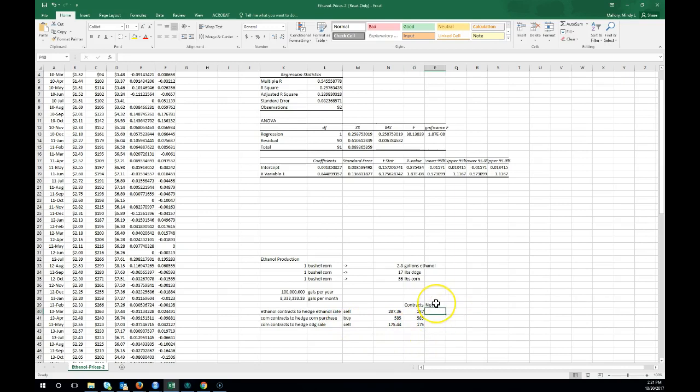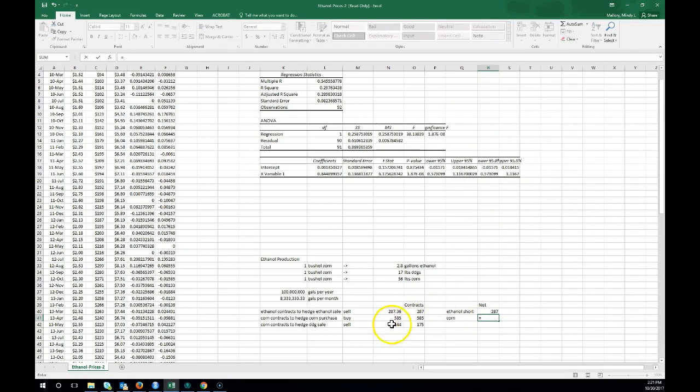So on net, we still need 287 ethanol, but for corn, let's scoot this over just so we can be clear. Ethanol net, corn net, we're only going to have one row here. And I'm going to make this even more specific. We are short 287 contracts of ethanol, and we are long 409 contracts. Excuse me, we should just do it here.